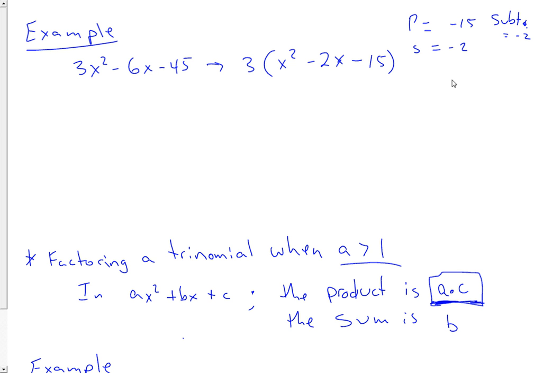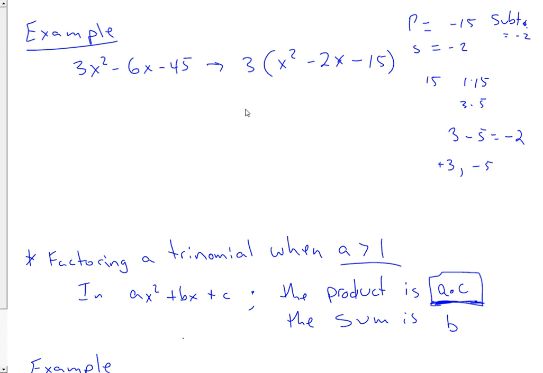My factors of 15 are 1 times 15 and 3 times 5. If I'm subtracting these, I'm going to have 3 minus 5. 3 minus 5 is negative 2. So that means I have a positive 3 and a negative 5.